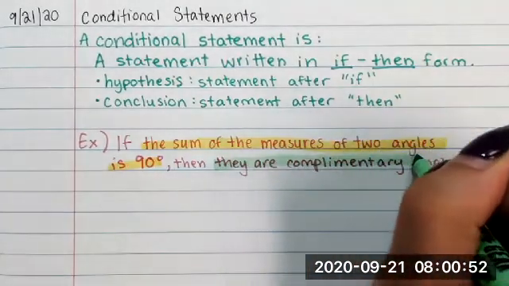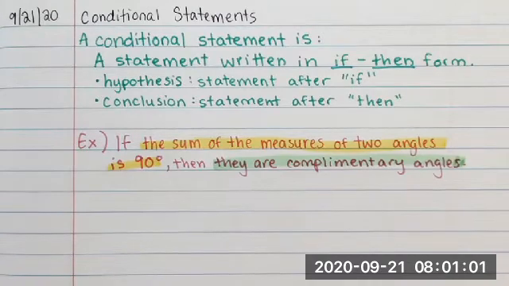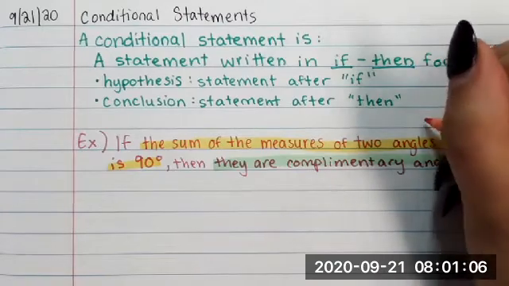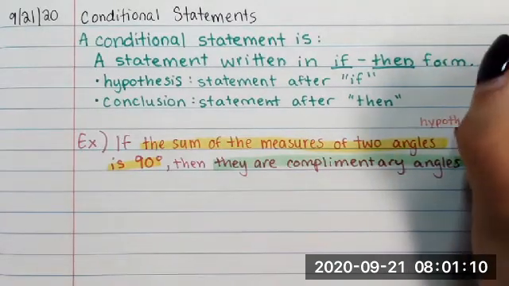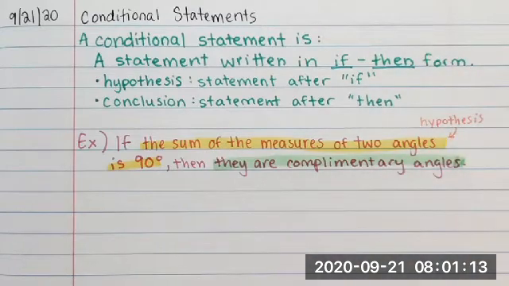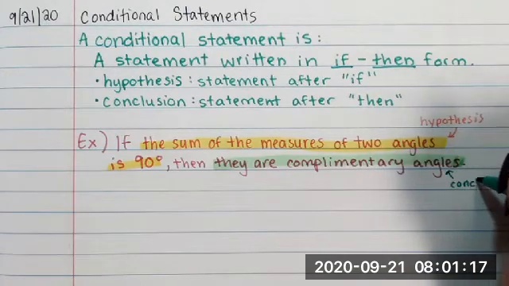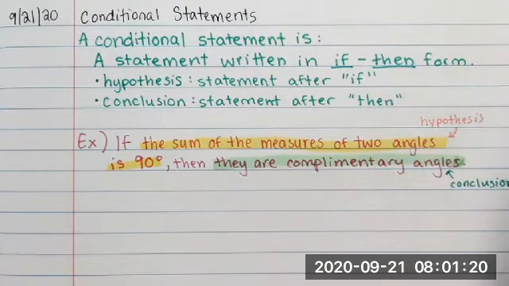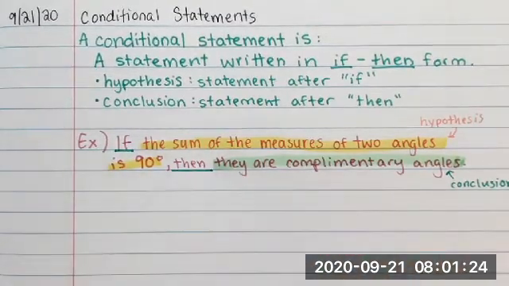They are complementary angles. There's our hypothesis. And that's our conclusion. And we can see our if-then clearly.